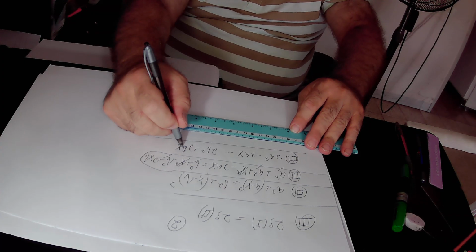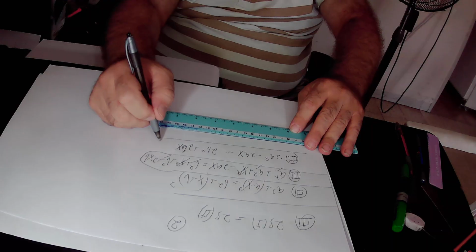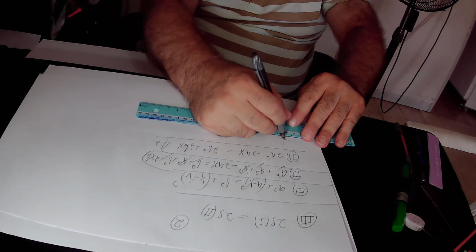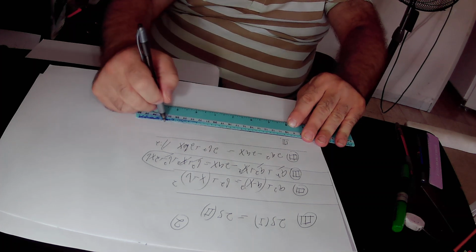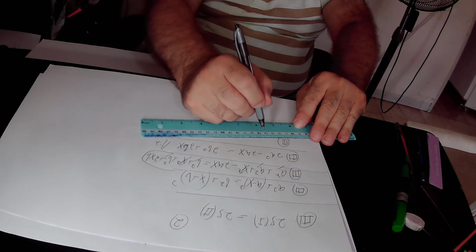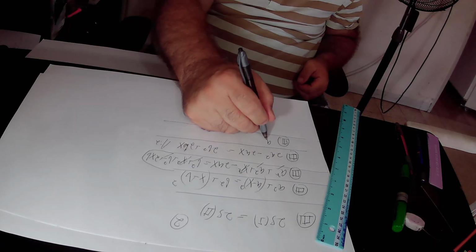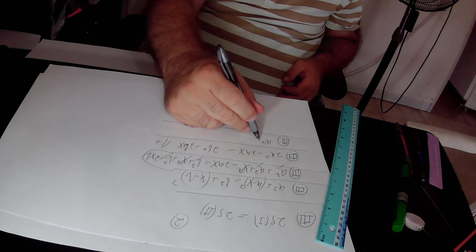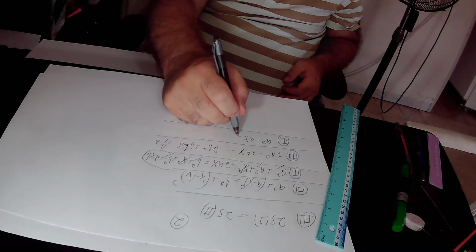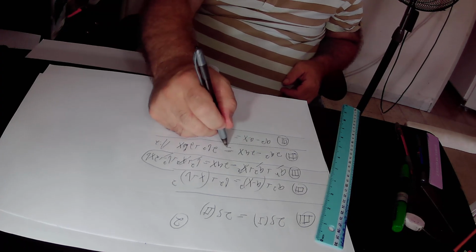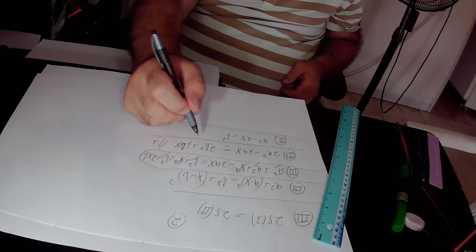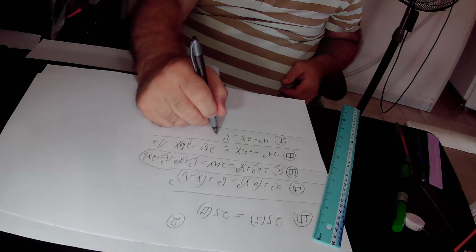So here we divide this equation 3 by 2, and we get that according to equation 3, 2a square over 2 is a square, minus 2ax over 2 is minus ax, and it is equal to 2b square over 2 is b square, and 2bx over 2 is bx.